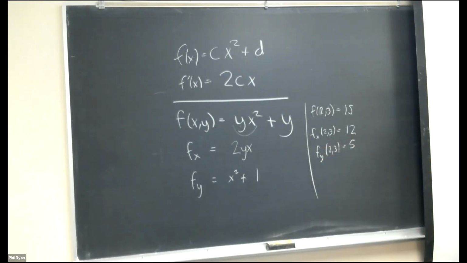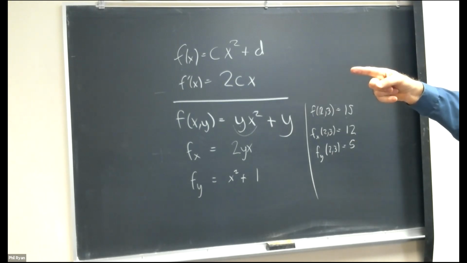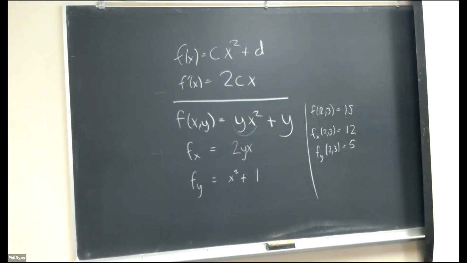This and this tell us the rate of change. So it tells us that at the point 2, 3, we're thinking we're out on a map. We're thinking the height is 15, so it's measuring whatever it's measuring. In the x direction, the rate of change is 12. So that means it's going up.